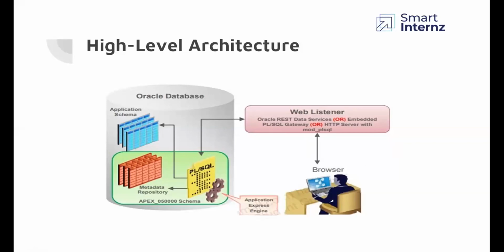It is a communicator between the Apex engine and the user. Whatever input is given from the browser, it will take that input from the user and pass it on to the Apex engine for processing. This work is done by the web listener.